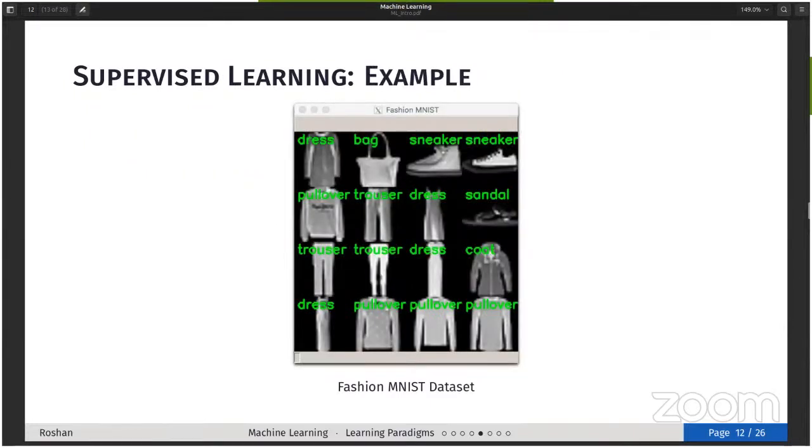So this is one more supervised learning example. This is again a different data set, the Fashion MNIST data set, where you have different images of fashion accessories, shoes, dress, bag. Is this classification or regression? See, in supervised learning, for each data point, each accessory, you have the label also.